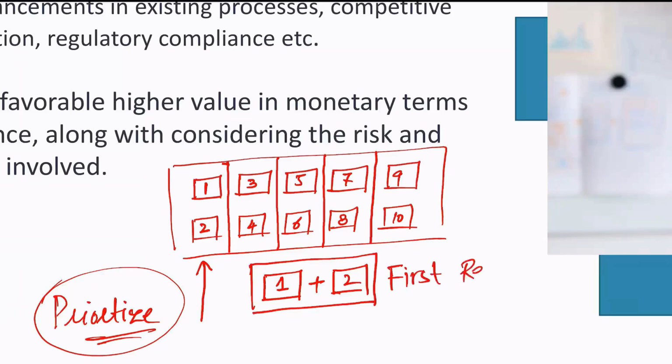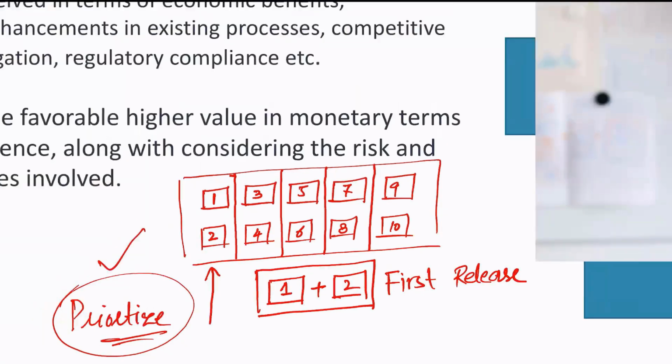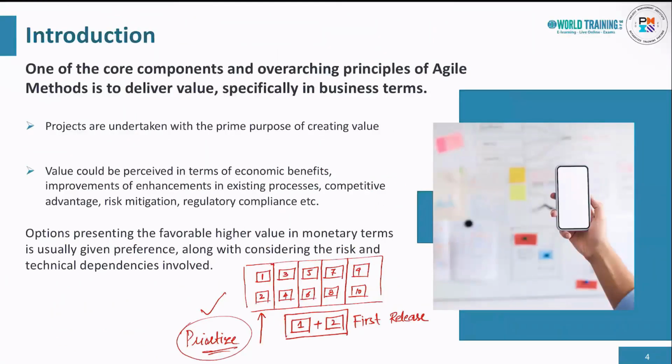Once we are done with the first release, we move to the second release, then the third, fourth, and fifth, until there is no feature left in the backlog. To perform all these tasks, we need to prioritize the features. Prioritization is based on the value delivered by each feature and component, and in most cases that value is from the customer's perspective, seen in monetary terms.